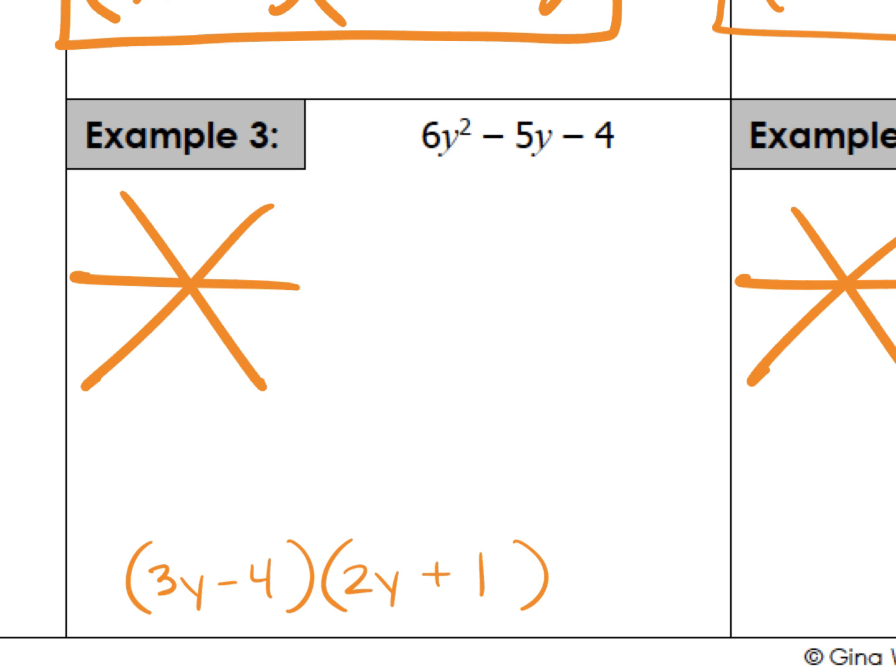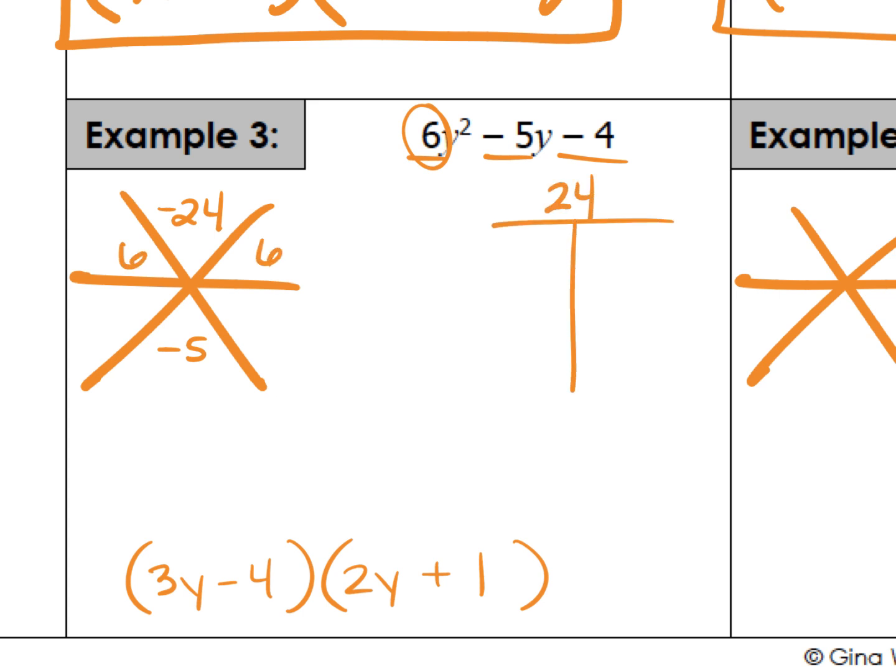Let's take a look. So up top, a times c is a negative 24. Down below is a negative 5. And then your a value goes here, 6 and 6. So you make your list for 24. Now, if it's helpful to you, think about what you need right now. If I need to multiply to get a negative, how many negatives do I need? One. Only one can be negative.